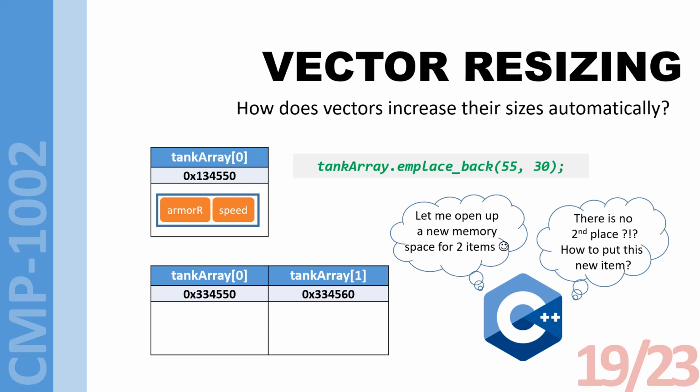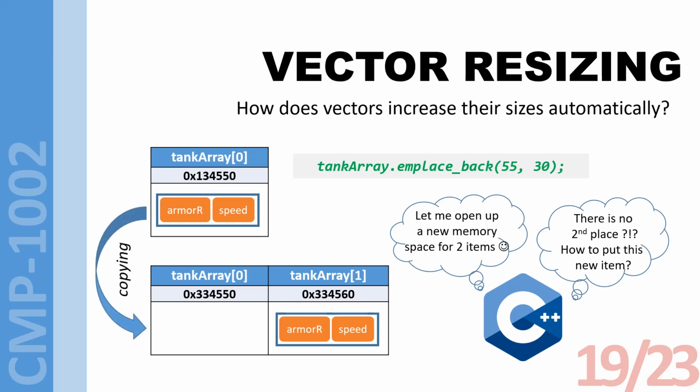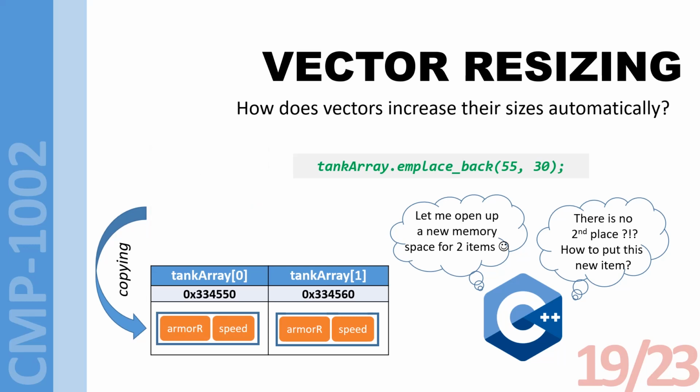The addresses are completely different. It could be different, it could be the same, don't get me wrong, but most likely it's gonna be different addresses. So it opens up a new memory for 2 spaces, directly puts the new item in the second element, copies the 0th element here, and then destroys the older one.